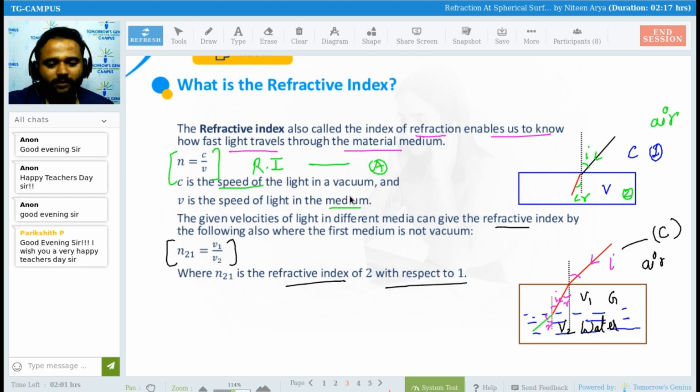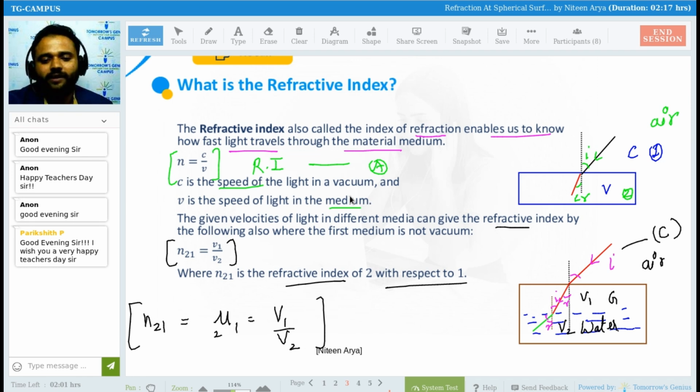Sometimes it is written as mu21 equals v1 upon v2 equals n21. You can see in both the cases, in equation A or in equation B, we put the velocity of light in the second medium, the medium in which light is refracted, in the denominator.